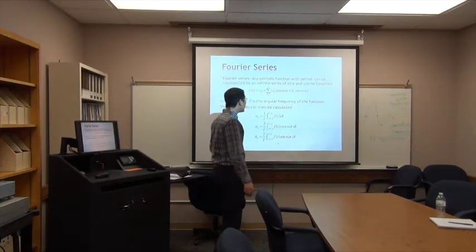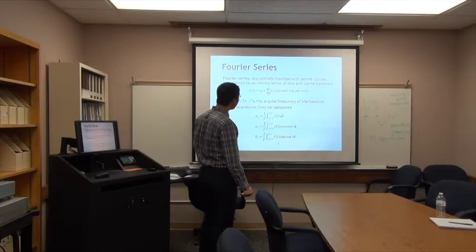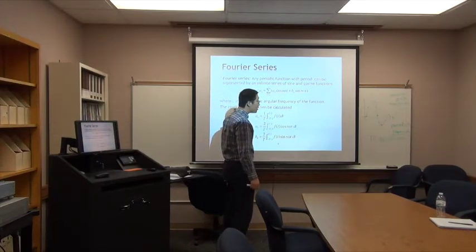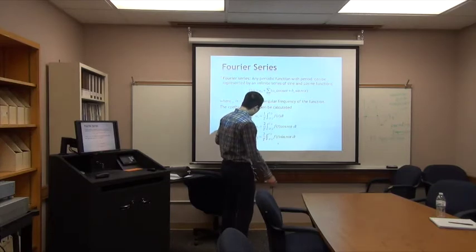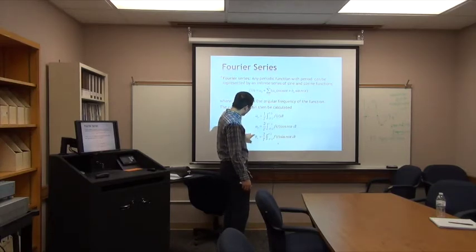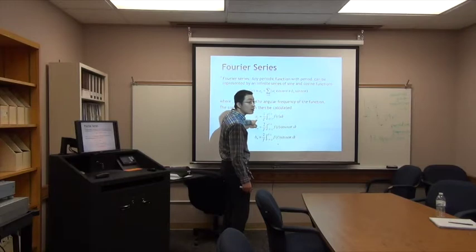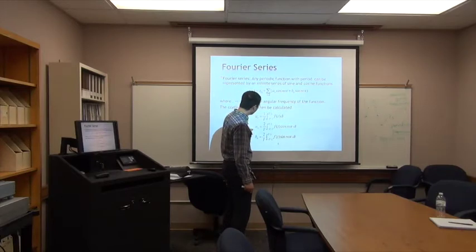So a Fourier transform is basically representing a signal in the frequency domain with the constants A and B. Of course, when we talk about A0, we only have A0 and B0 equal to 0, right?